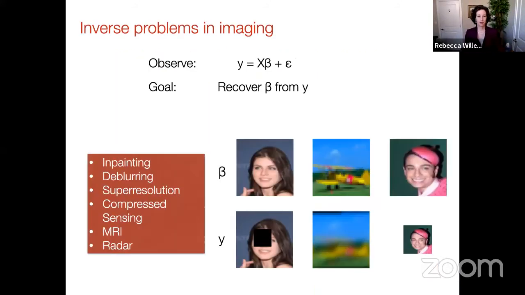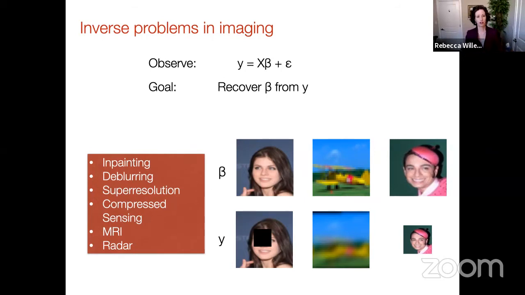So the basic setup is this. We assume that we observe, instead of an image of interest, some projections or indirect measurements of that image. Specifically, we could represent an image as a list of pixel values, beta, and have a matrix or operator X that describes how those pixel values get mapped to an observation Y, which would correspond to X beta plus some noise epsilon.